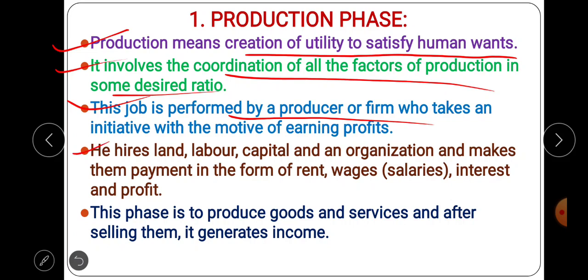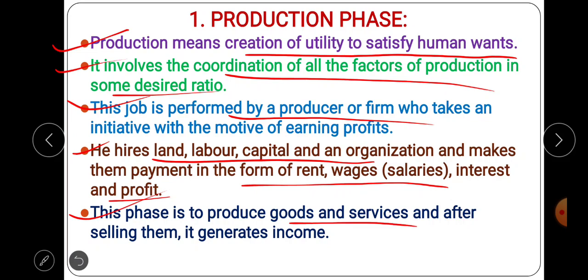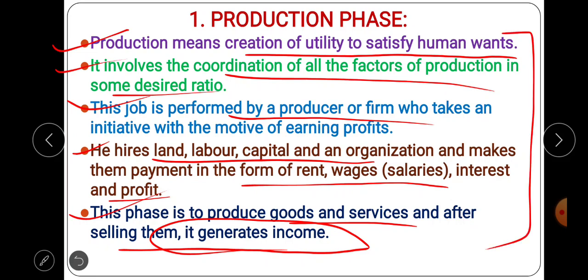These firms hire land, labor, capital and organization and make payment in the form of rent, wages, interest and profits. This phase is to produce goods and services, and after selling them it generates income. Okay, so this is the first phase in which the production takes place.